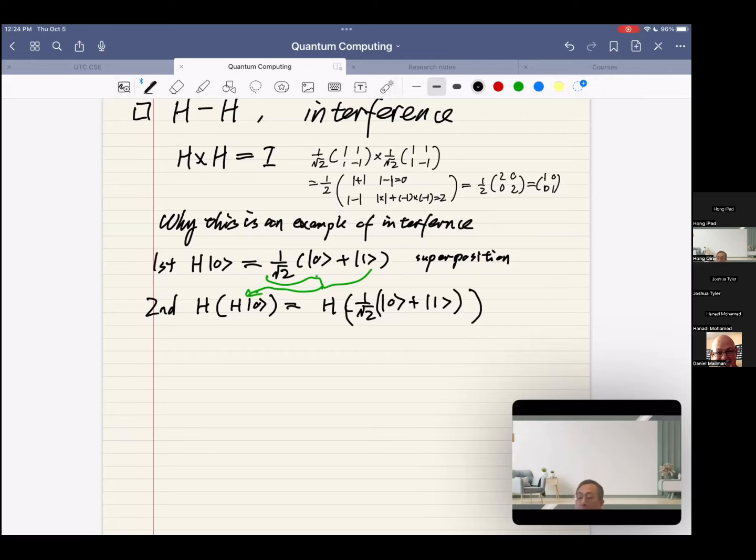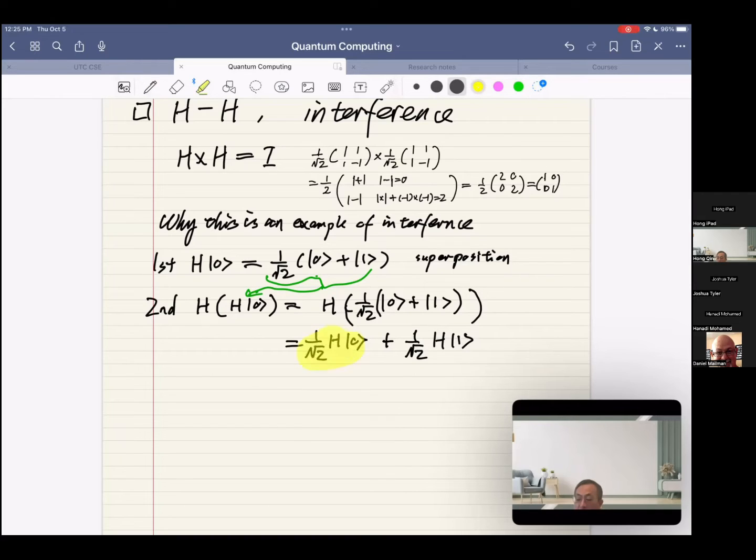Okay, so then this basically becomes ket 0 again, plus the ket 1. So basically now we have two terms. The first term is just what we started with.